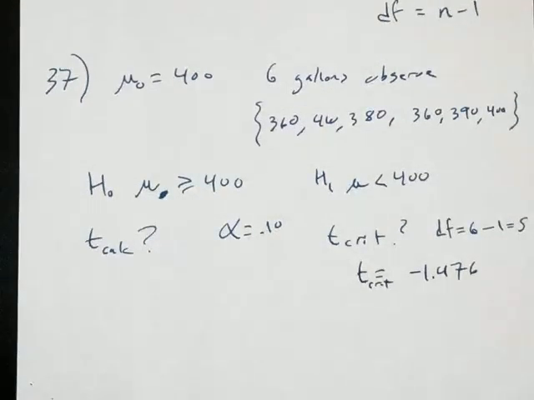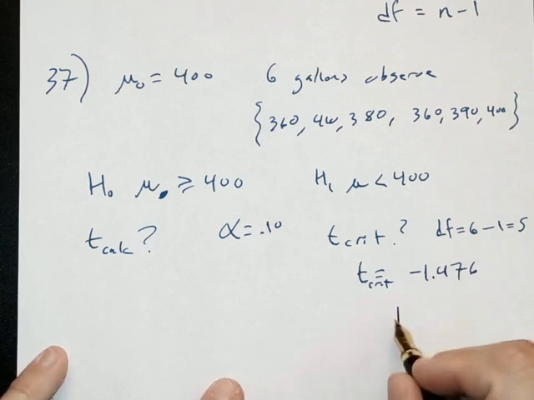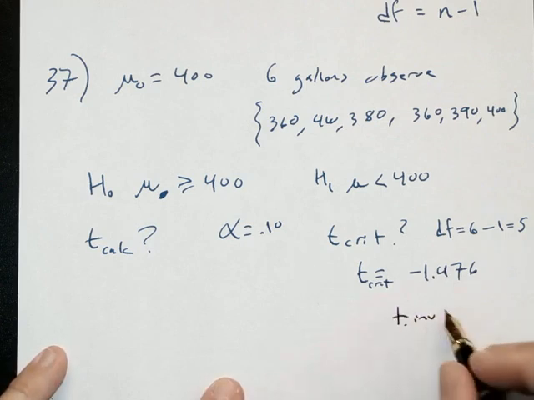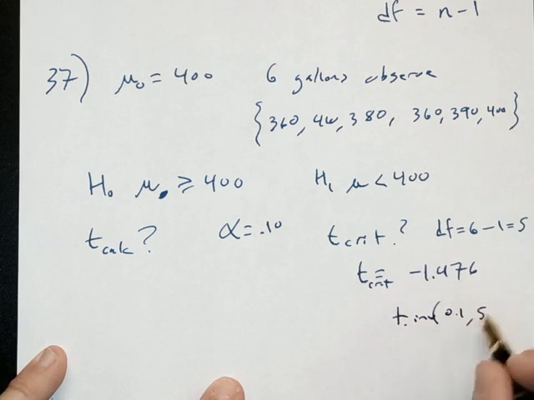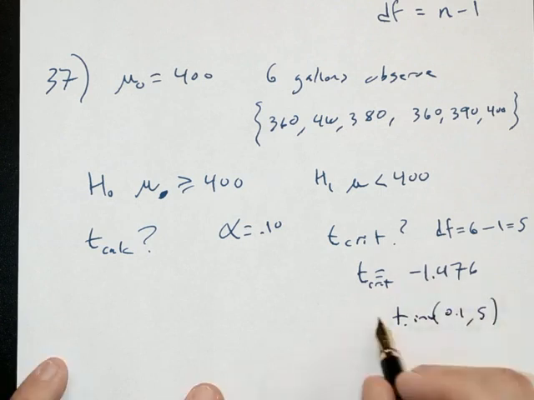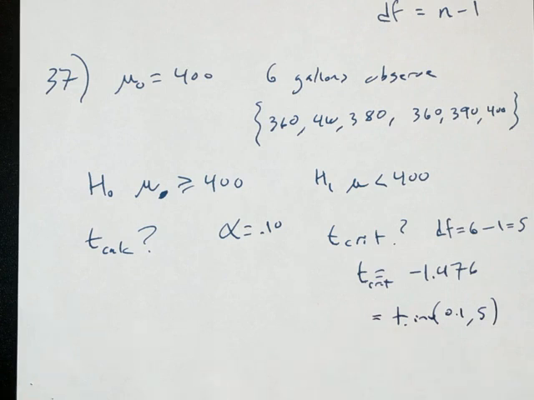By the way, you can do that in Excel because the t-tables are in there. I do T.INV of 0.1 with 5 degrees of freedom. That's the Excel command to generate this same number.